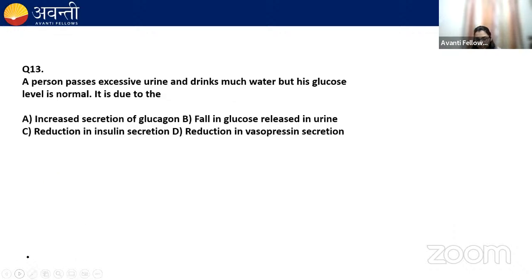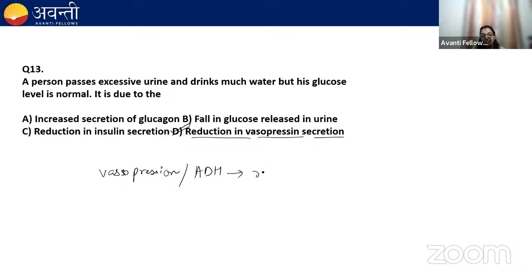Next: a person passes excessive urine and drinks much water, but his glucose level is normal. It is due to the reduction in vasopressin secretion. Vasopressin, the alternative name is ADH, which is an antidiuretic hormone.